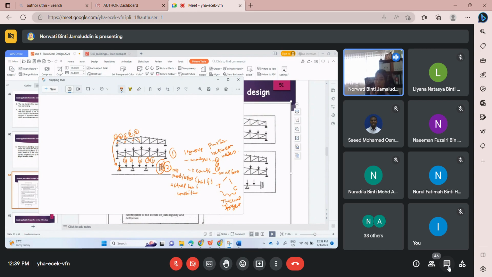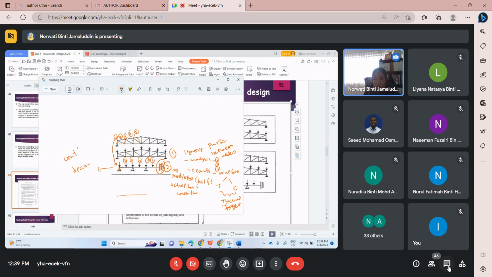Bila dia symmetry, bila awak nak consider separuh, memang you kena anggap fixed joint. Okay, from this, assume as a beam. I said that the rafter is a beam, but this one is a continuous beam. How do you analyze a continuous beam?